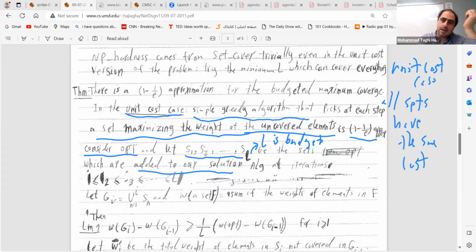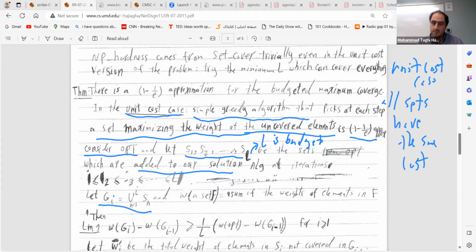So in this case, let's now define G_i. Let G_i be the union of the first i sets. So I have S1, S2, to SL, and these are exactly the ones that the greedy algorithm picks, with the same index, because without loss of generality we can change the order.